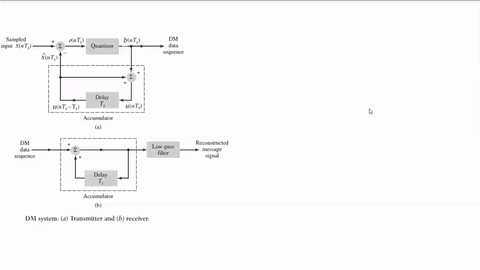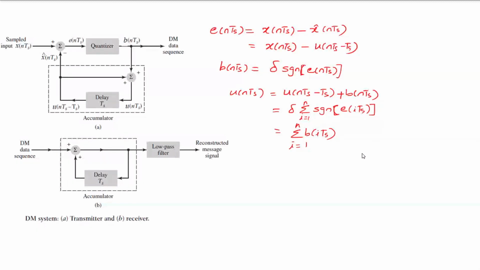Right. So let us see the analysis here for this delta modulation scheme. So e of n Ts, you are able to see the slides, no? Are you able to see the slides? Yes, sir. Okay. e of n Ts is nothing but x of n Ts minus x cap of n Ts, where x cap of n Ts is nothing but u of n Ts minus Ts.